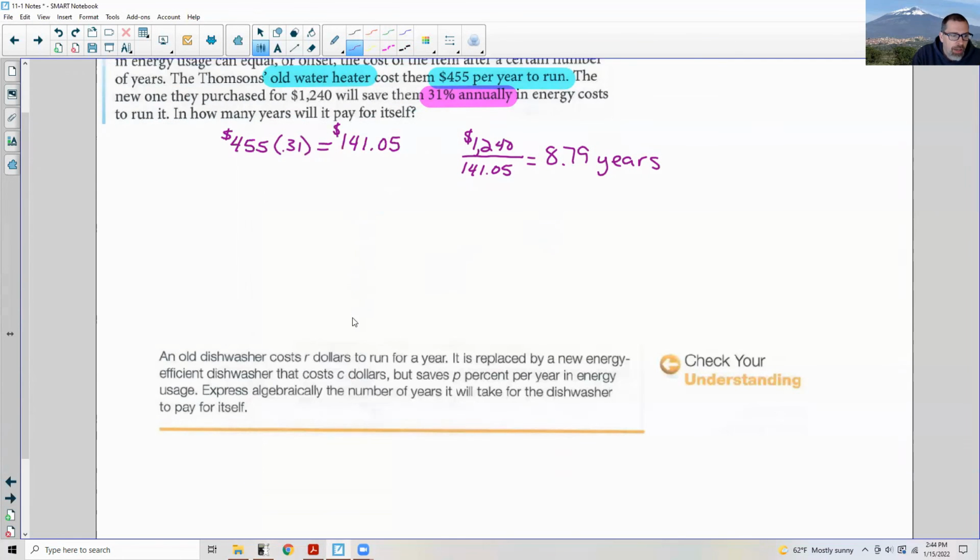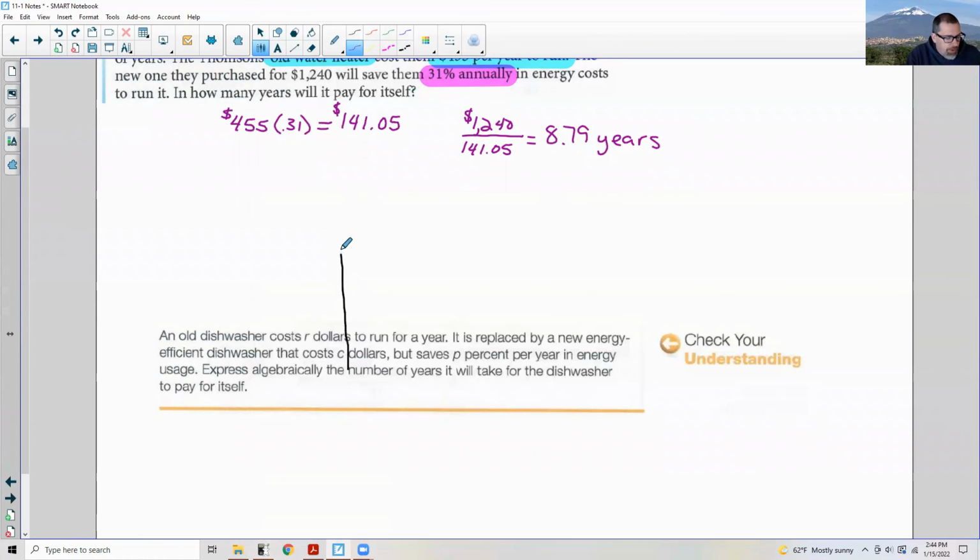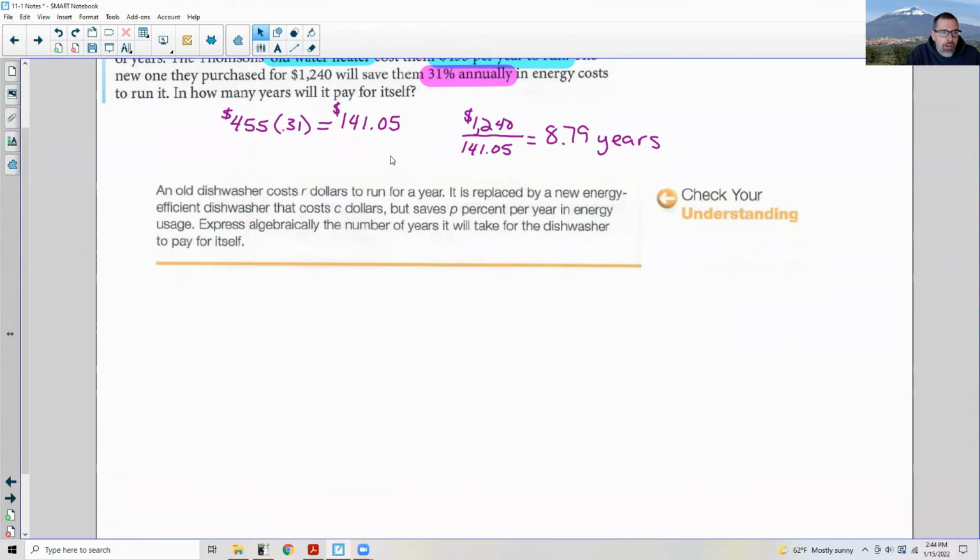Okay. Now it says an old dishwasher costs $R to run a year. It is replaced by a new energy efficient dishwasher that costs $C but saves P% per year in energy usage. Okay, so what are we going to do here? We're going to take the total cost in dollars.